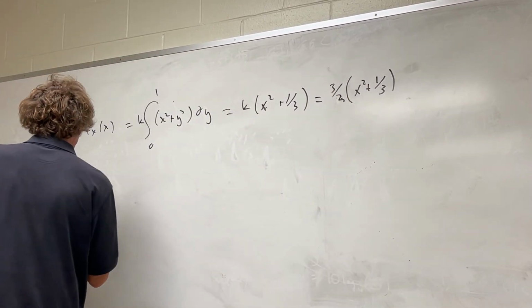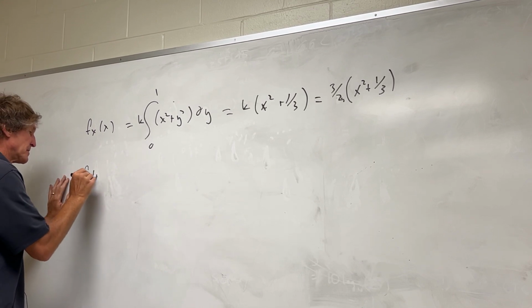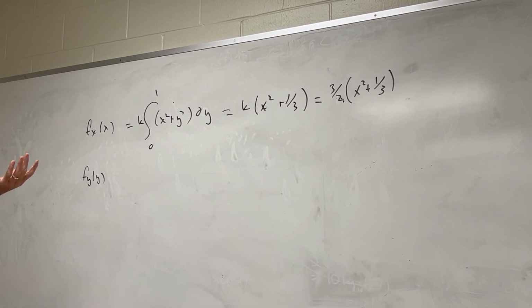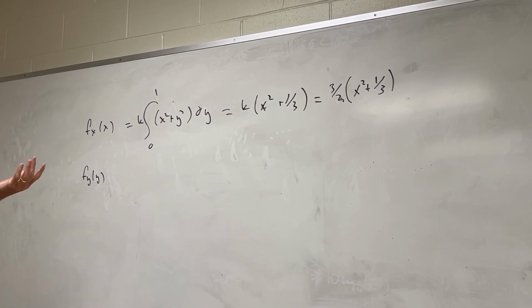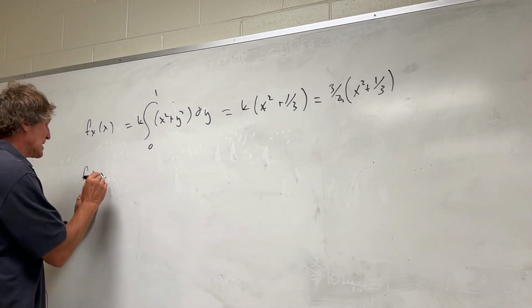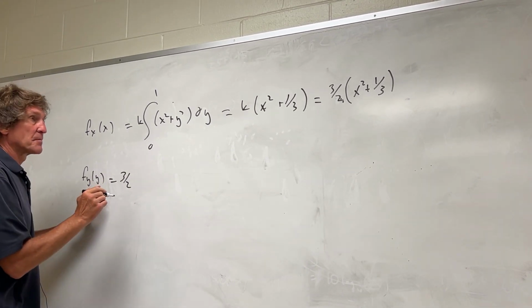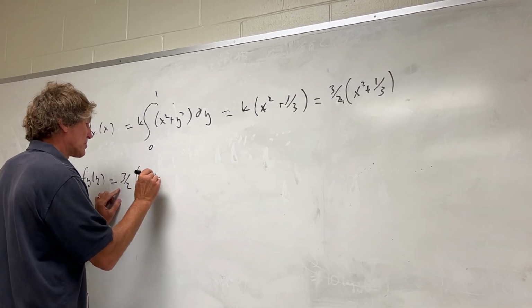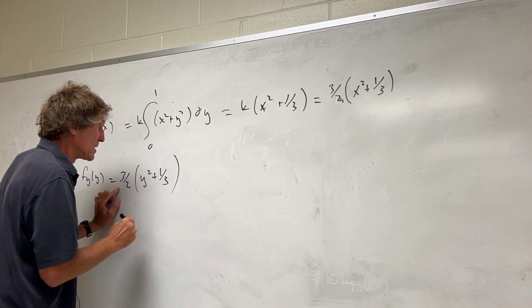Now it'll be the same thing for y because of arguments of symmetry if you want them. X squared plus y squared have the same weights in front of them. If you do the integral with respect to x to get f of y, you're going to get the same exact thing only with a variable change. So that's equal to 3/2 times y squared plus 1/3. Do you all agree with that?